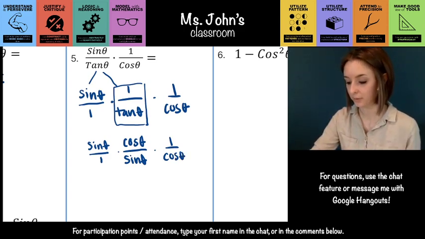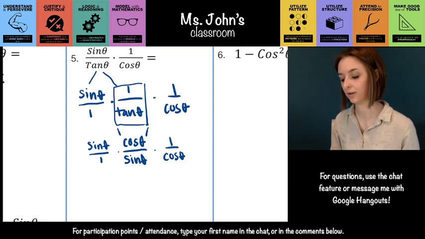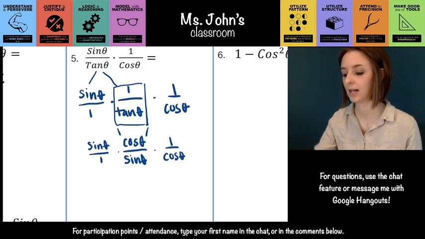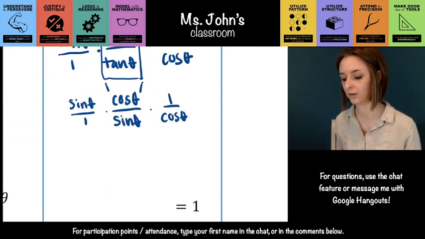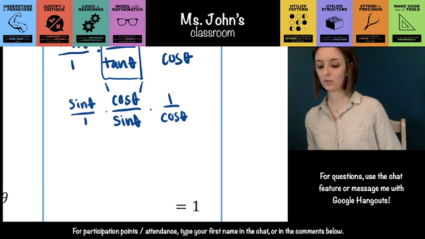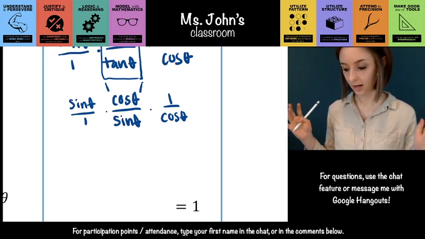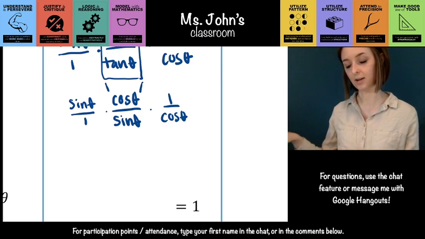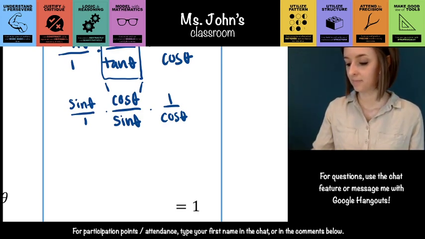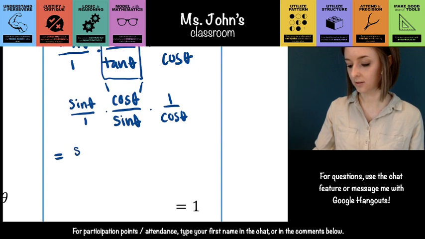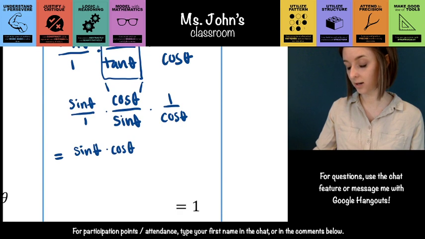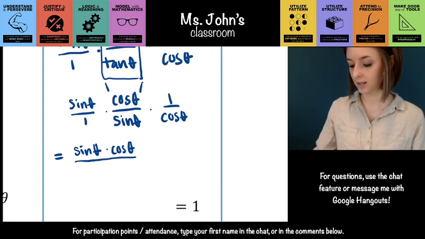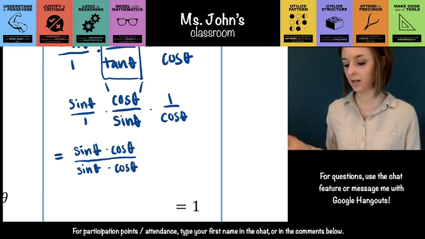Okay, so I've replaced 1 over tangent with cosine theta over sine of theta, and we still have the other fractions that we were trying to get rid of. So I'm just going to multiply across the top all the way and across the bottom all the way. It gives you sine theta times cosine of theta times 1, which we don't really need to write, and then sine of theta times cosine of theta on the bottom times 1.